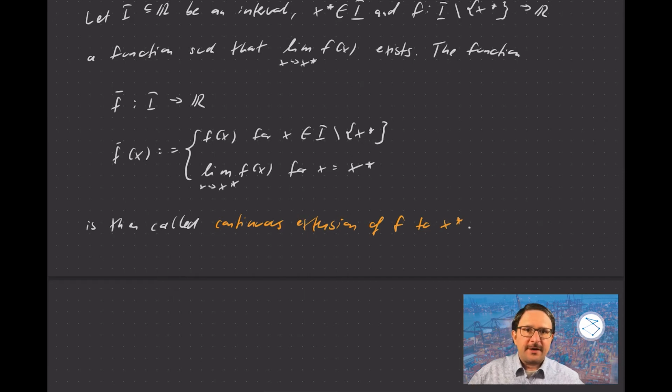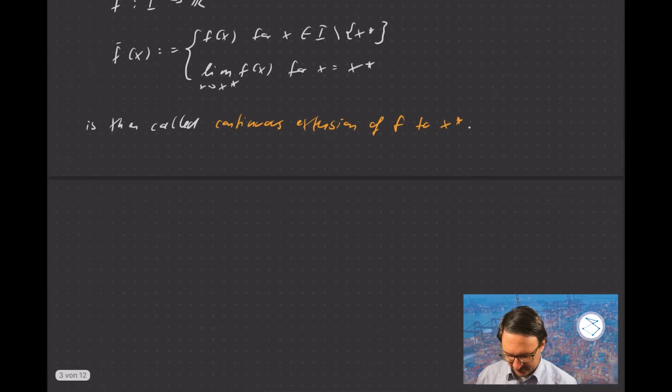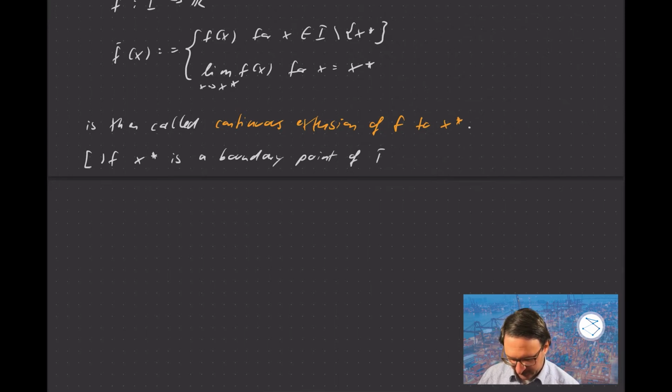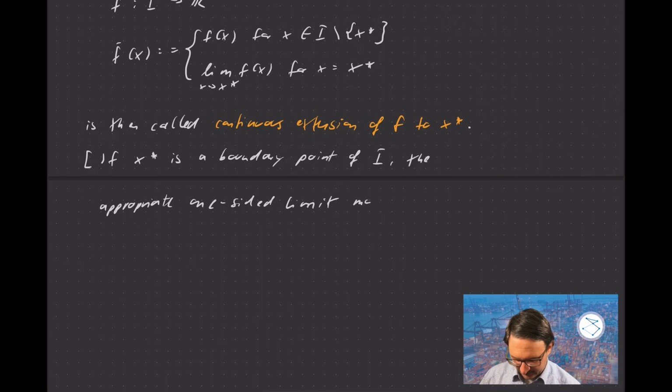And of course, if x star happens to be a boundary point of the interval, then you would replace the limit by the corresponding one-sided limit. So just as a side note, if x star is a boundary point of I, the appropriate one-sided limit must be used.